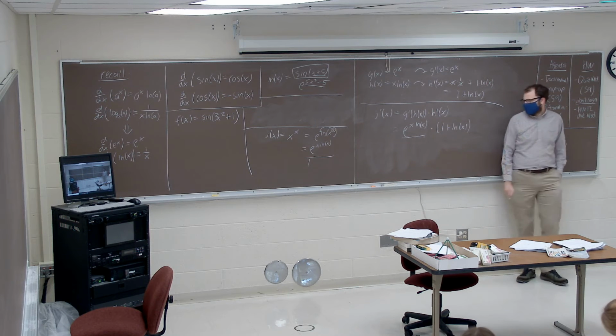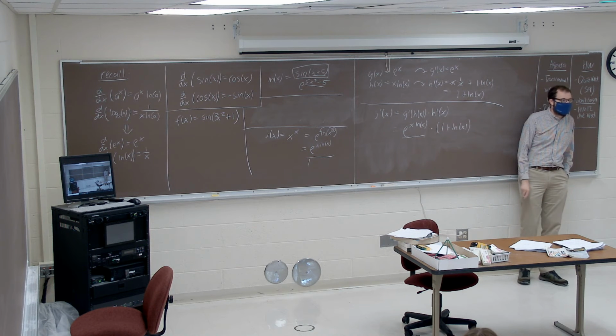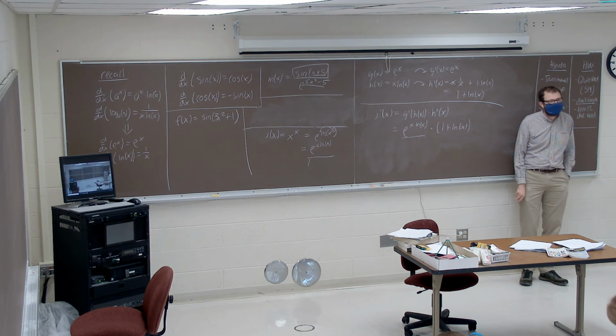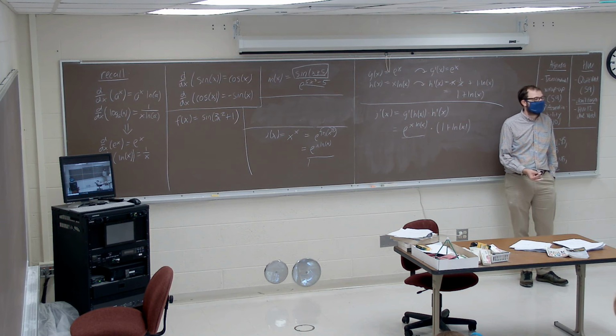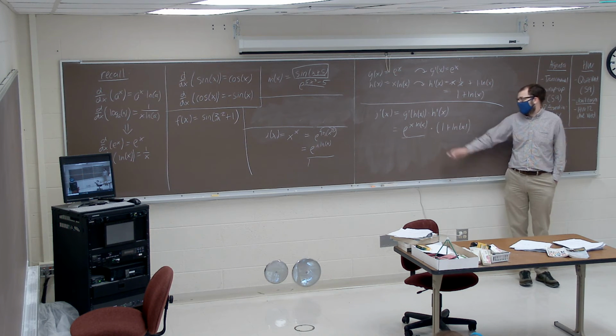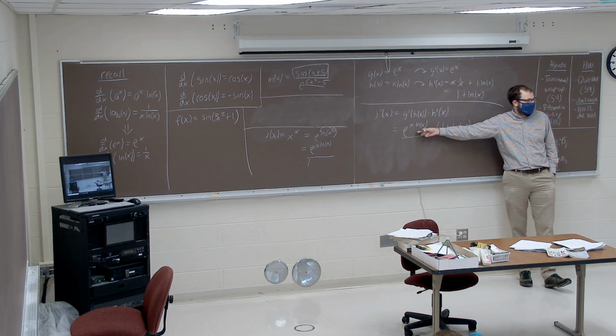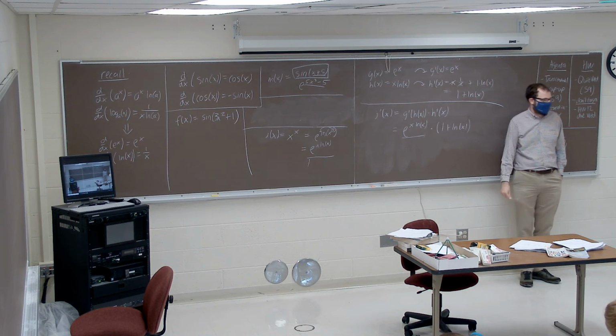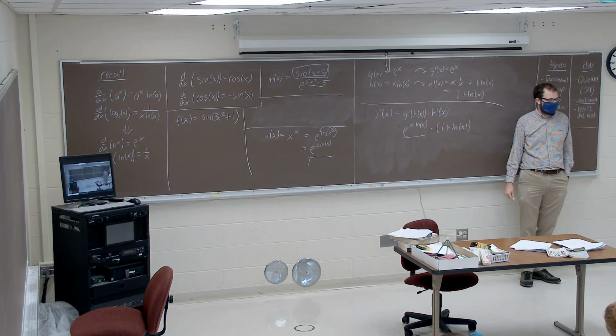Do we have any way that we could simplify e to the power of x natural log of x? X to the power of x. How would you know something like that? Well, we started with j of x equal to x to the power of x, and e to the ln of anything, they cancel each other out.